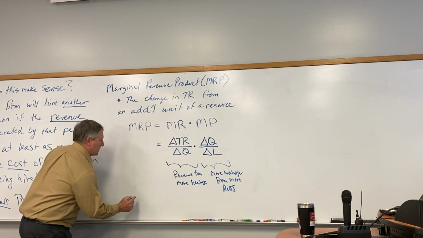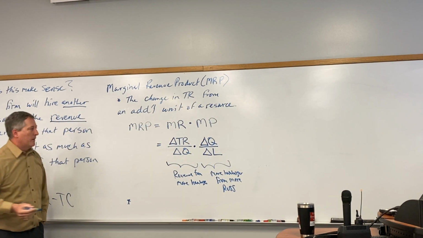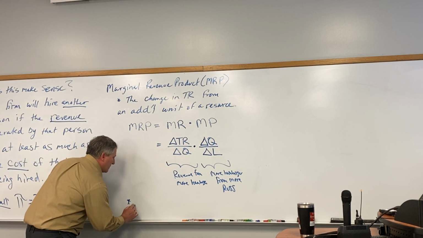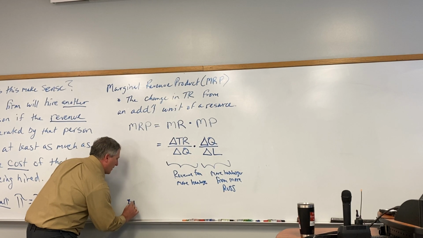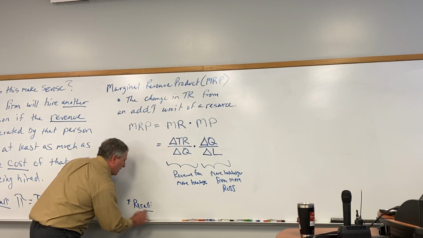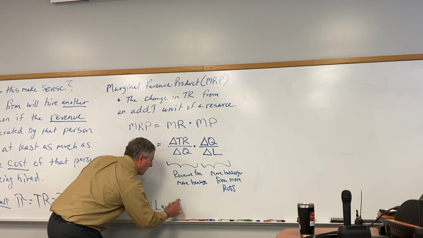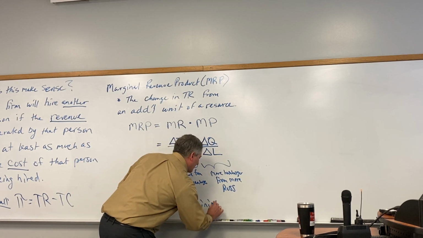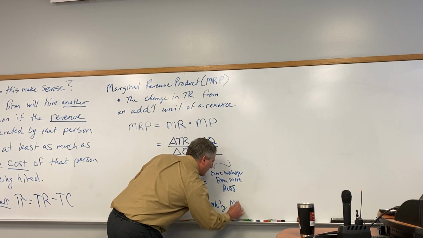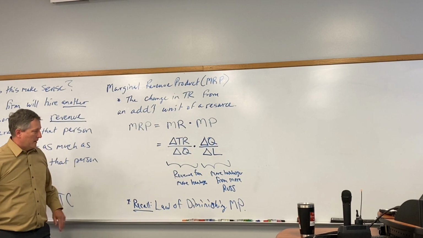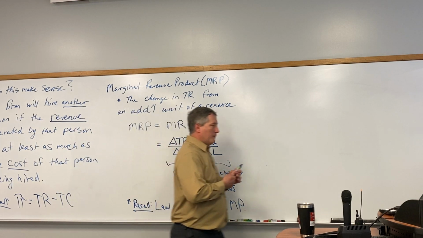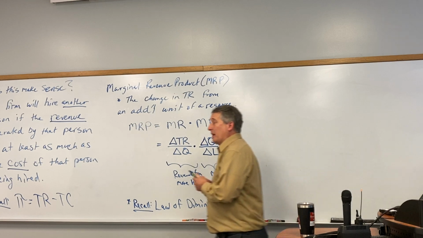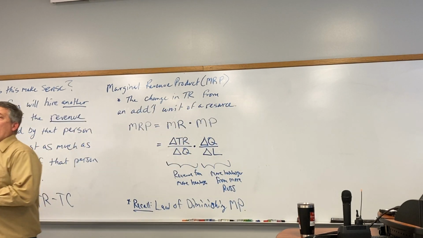All right. So the other thing that we'll put as a note here that came about from that was that we have the law of diminishing returns, or the law of diminishing marginal product. So recall the law of diminishing marginal product. As you add another resource, maybe we're adding a copy machine. We currently have 2 copy machines.